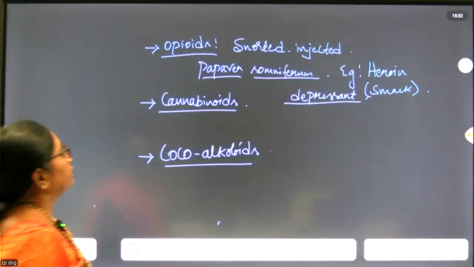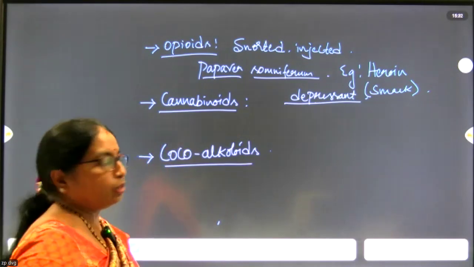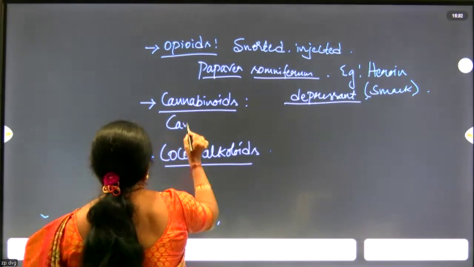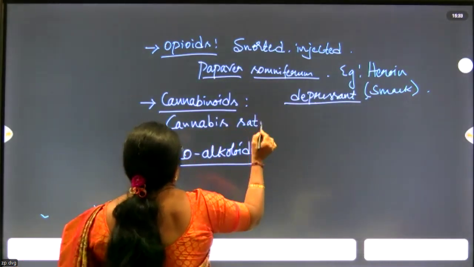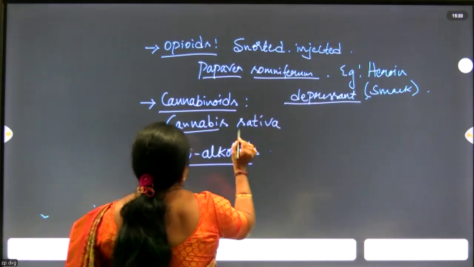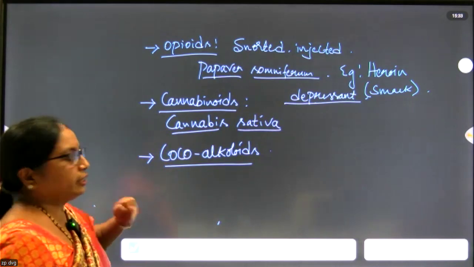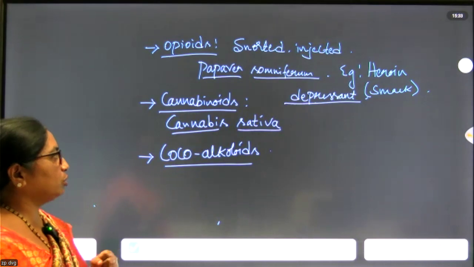The second one is cannabinoids. The cannabinoids are another group of drugs which are extracted from the plant called Cannabis sativa. Even they have certain receptors in the central nervous system, and they bind to the receptors present in the central nervous system and cause some effects on the body.